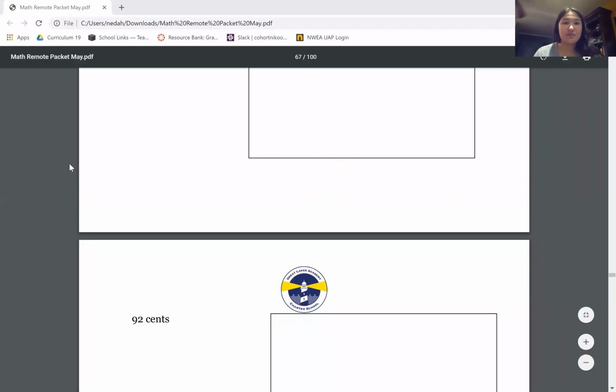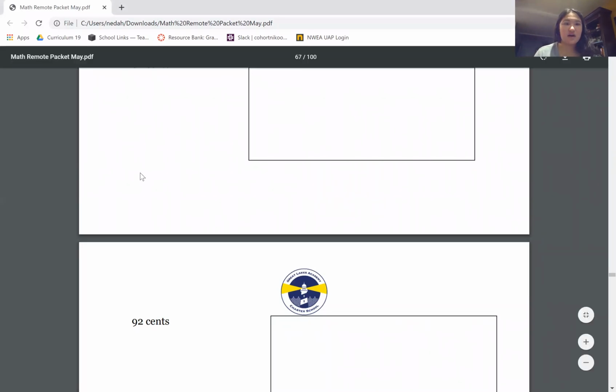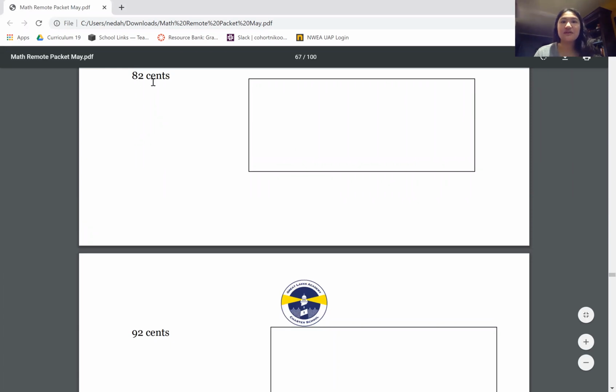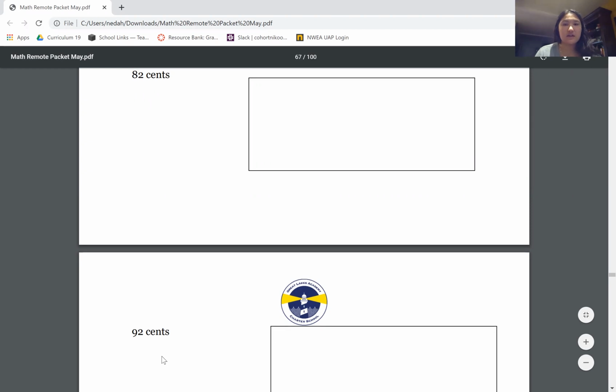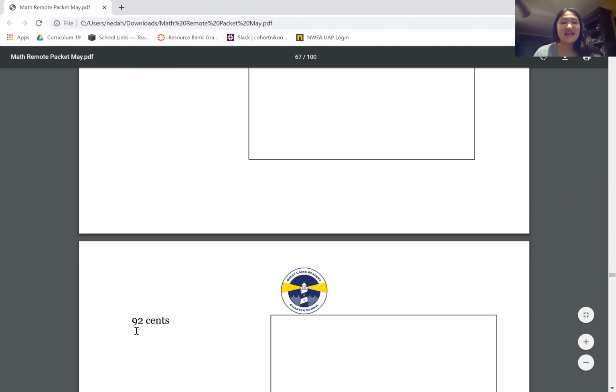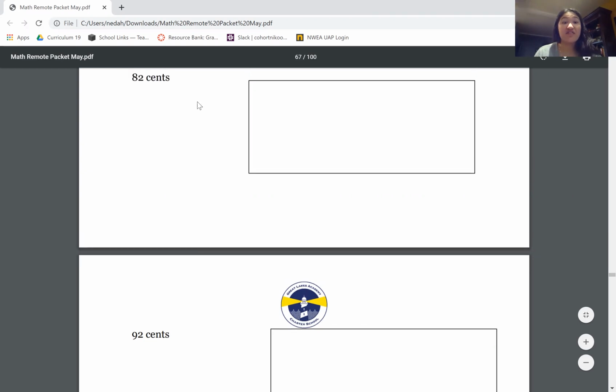This time you're going to pause and draw 82 cents using dimes and pennies. Then you're going to go down and draw 92 cents using dimes and pennies. Pause and solve both 82 and 92 cents.